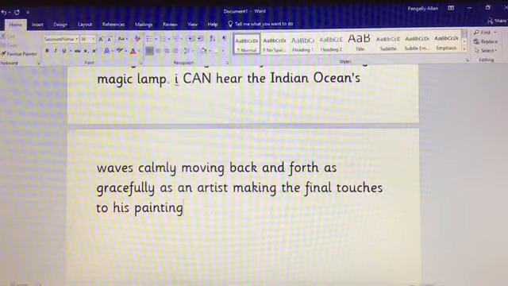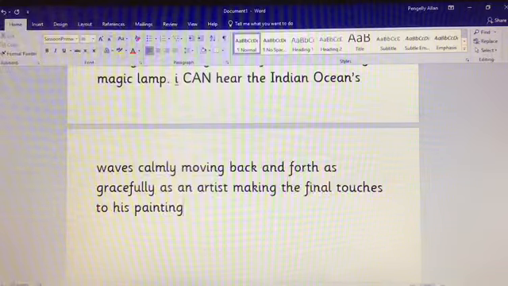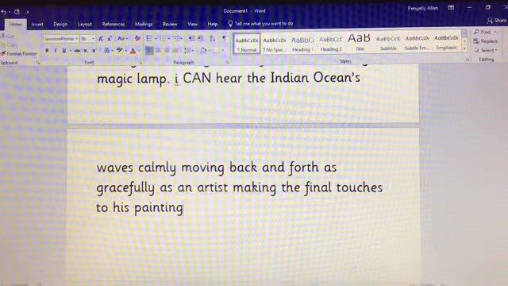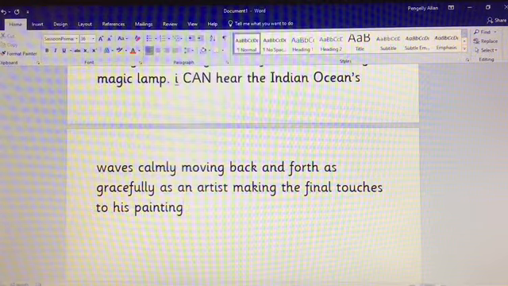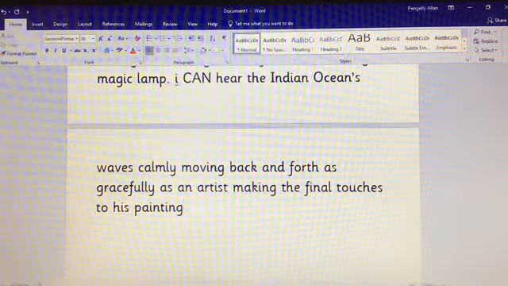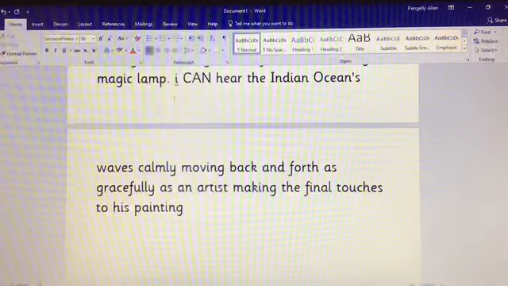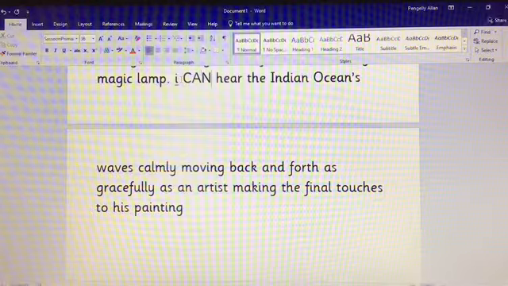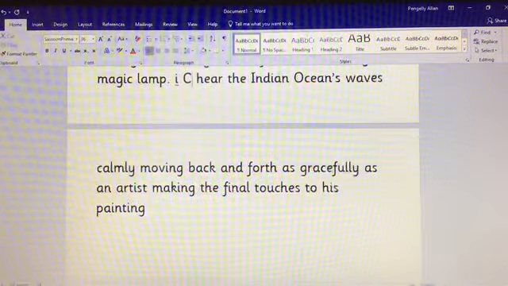Okay, so I'm going to read this back again. So it's really important we read our work back. I can hear the Indian Ocean's waves calmly moving back and forth as gracefully as an artist making the final touches to his painting. Can you see anything wrong with this? Have a think. Thank you. Yes, I don't know why I've got a massive capital letter, 3 of them in fact here.